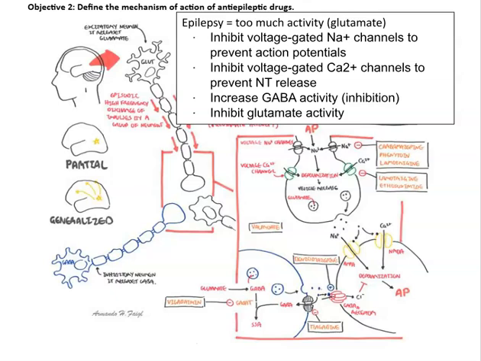So going back to our big picture, these are just specific examples of ways that you can block these main four steps. And now that we know the general mechanism along with the specific mechanism, we can think about which ones are going to be best for different types of seizure activity.